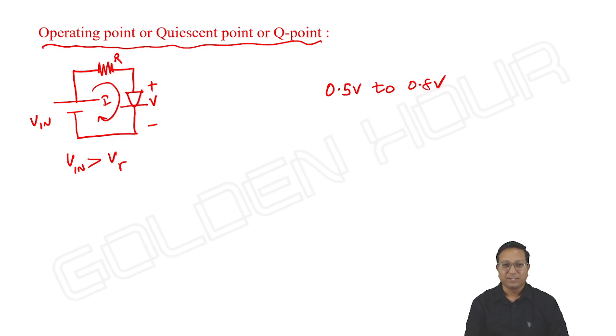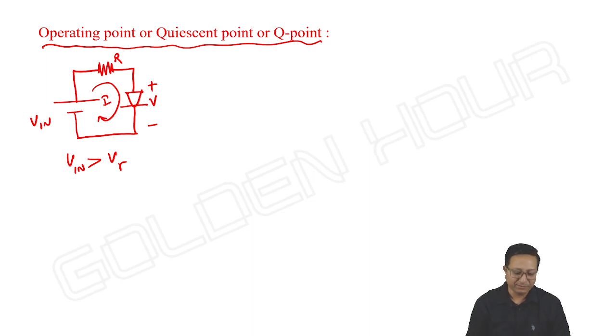Then what about the current? Current again depends, right? It can take different values depending upon the input, resistor, V, etc. Now, if I take the loop equation of this particular circuit, let me take this as loop 1.